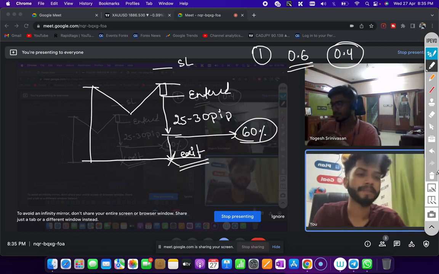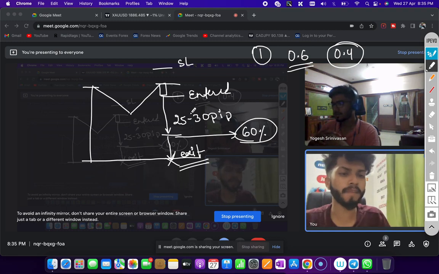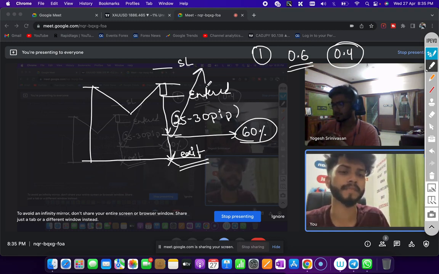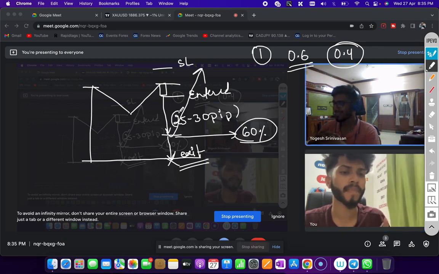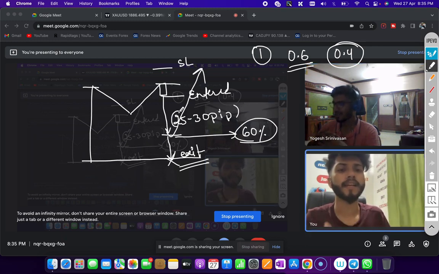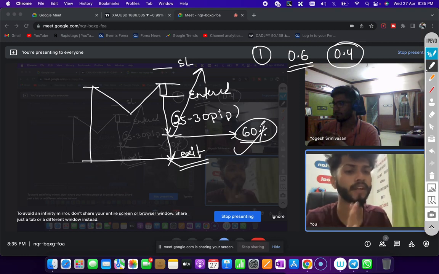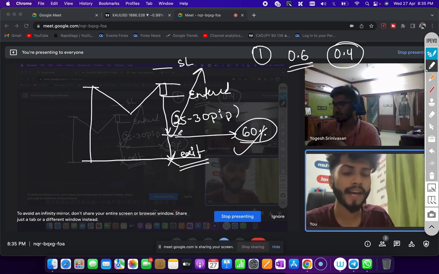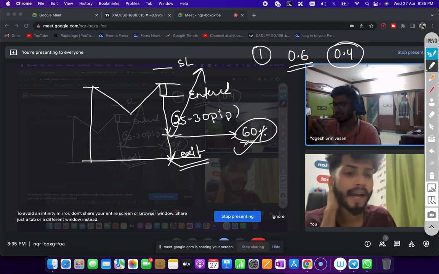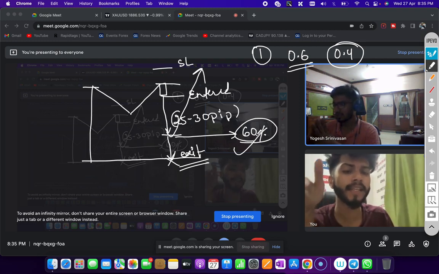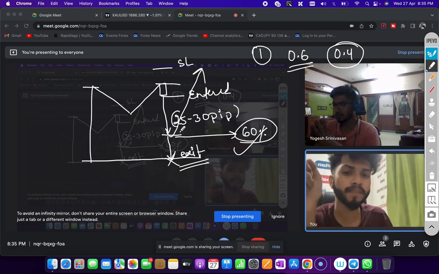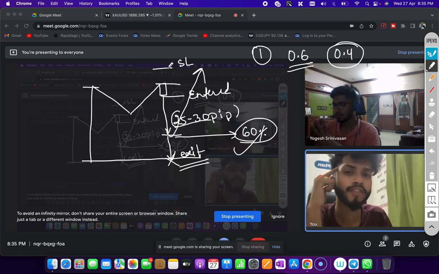Now the second thing: a lot of the time it happens that once it reaches 25 to 30 pips, it reverses. In that case, you have definitely gained the 60% already, and the remaining 40% is the risky part. So once it reaches 25 to 30 pips, what you need to do is set your stop loss to your break even level.